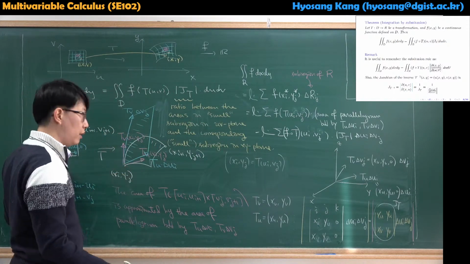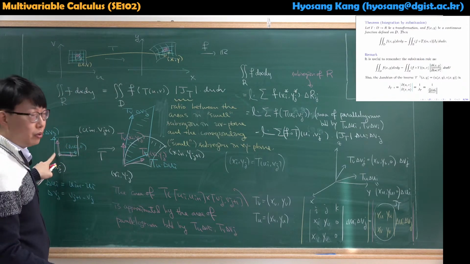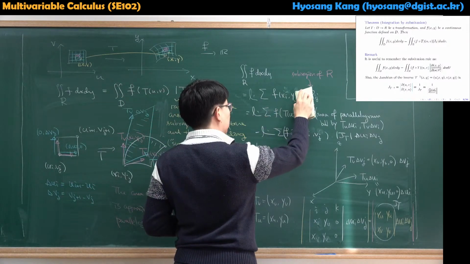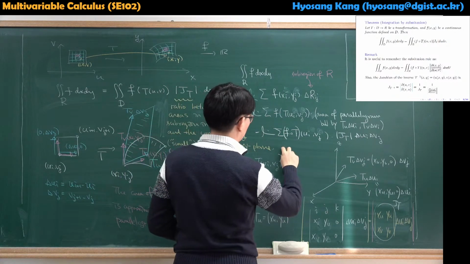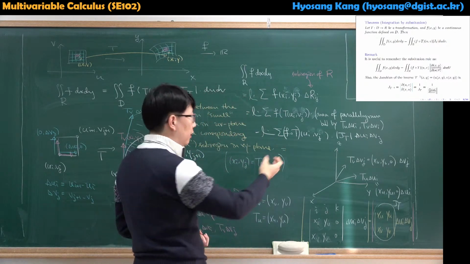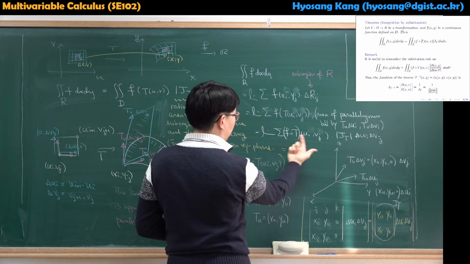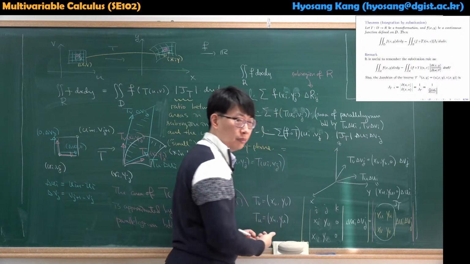It doesn't matter, I can choose any point inside this region, including the boundary. So I just took one corner point of this region. So then, what do I get? I have an integrand which is f composite T times the absolute value of the Jacobian of T.